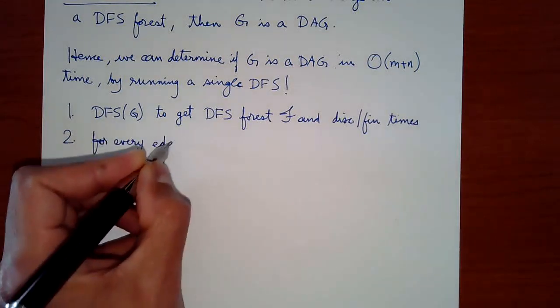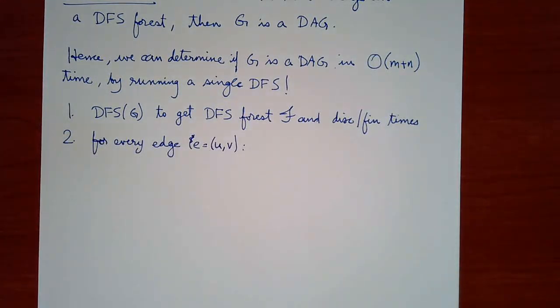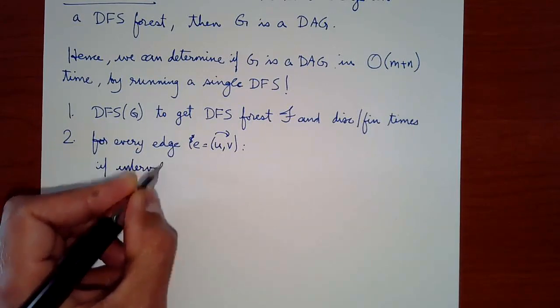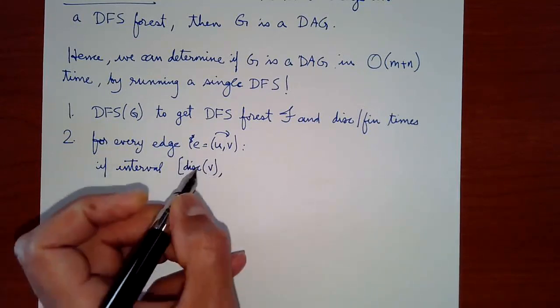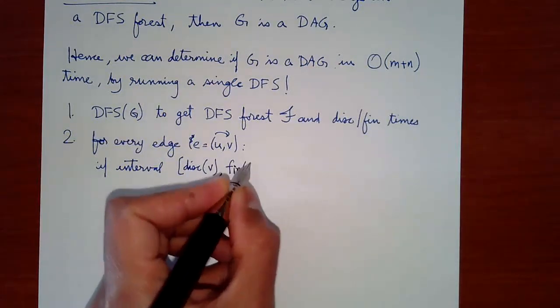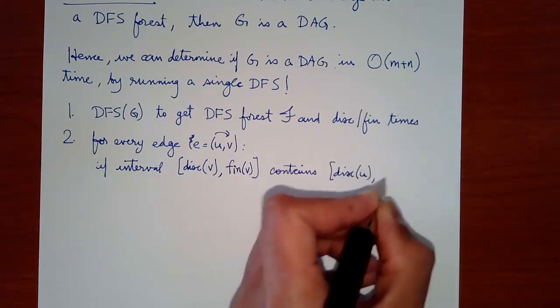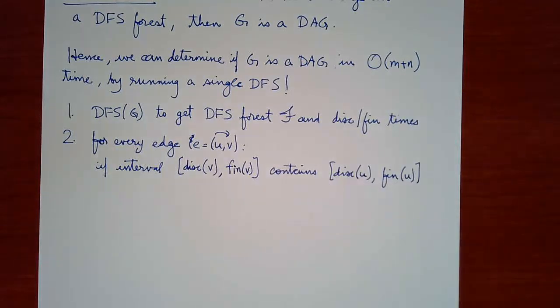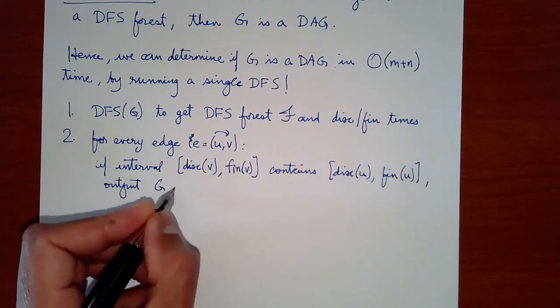And for every edge e equal to UV, so this means that U is pointing to V, you're trying to determine if V is an ancestor of U. So if the interval discovery of V, finish of V contains the discovery of U and the finish of U, then just output G is not a DAG.